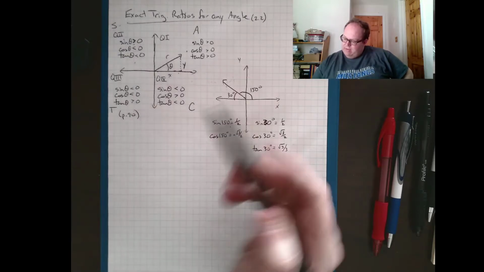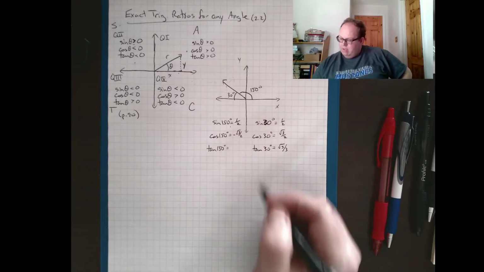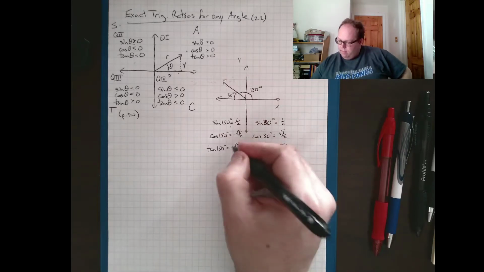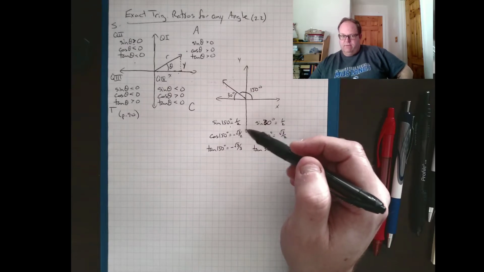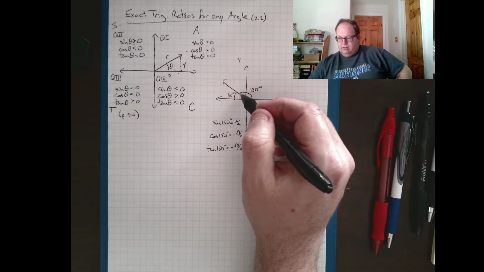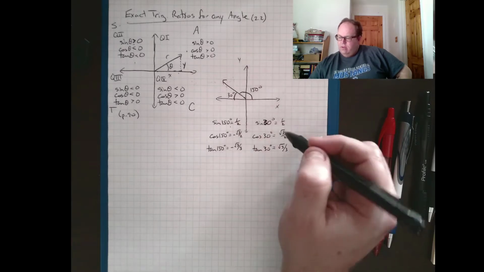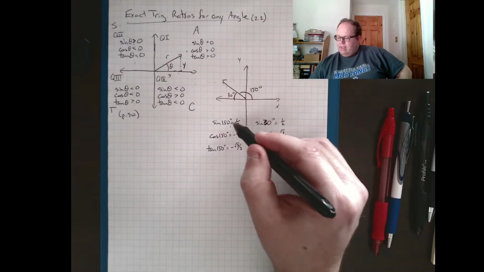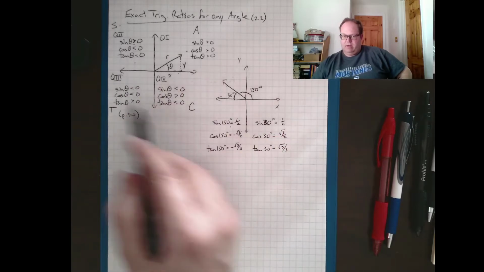Similarly, tangent will be negative in that quadrant, so the tangent of 150 degrees is negative √3/3. So, in general, if you're looking at figuring out the trigonometric ratio for an angle greater than 90 degrees, you make a setup like this and figure out what your reference angle is. Talk about sine, cosine, and tangent of the reference angle, and then match that up to your original angle, just switching the sign depending on which quadrant you're in.